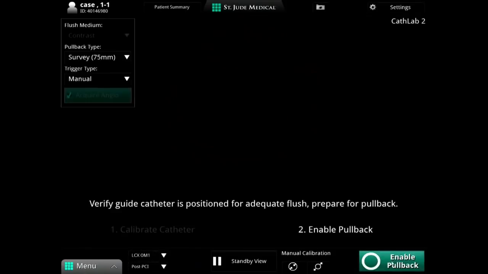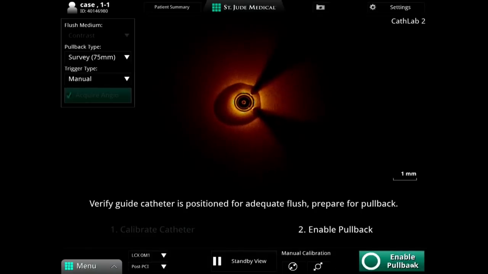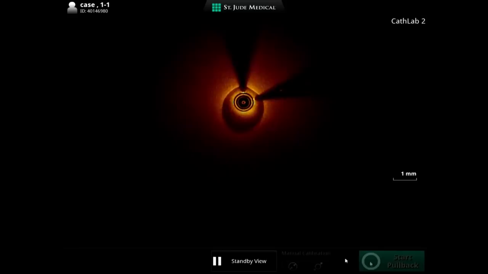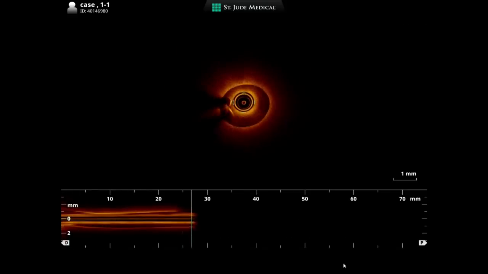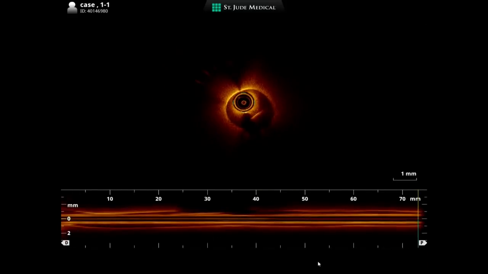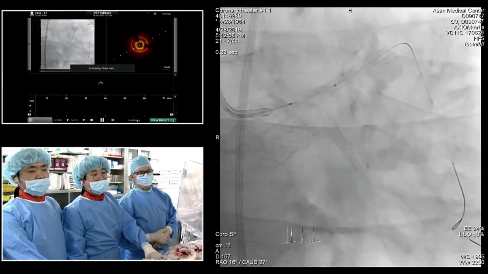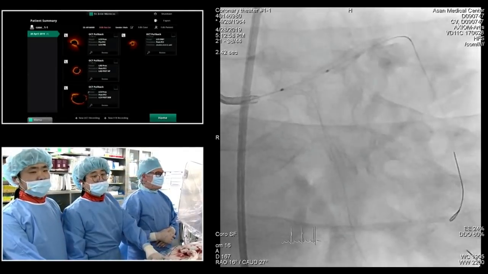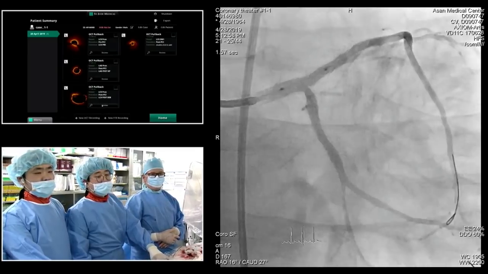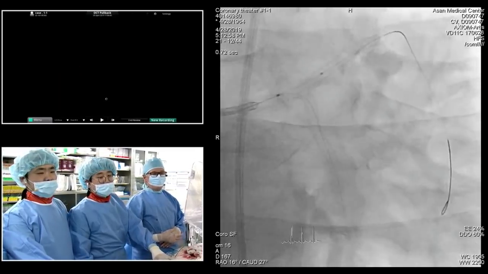The previous one. No, the OCT that was done in the previous run, LAD and circ.